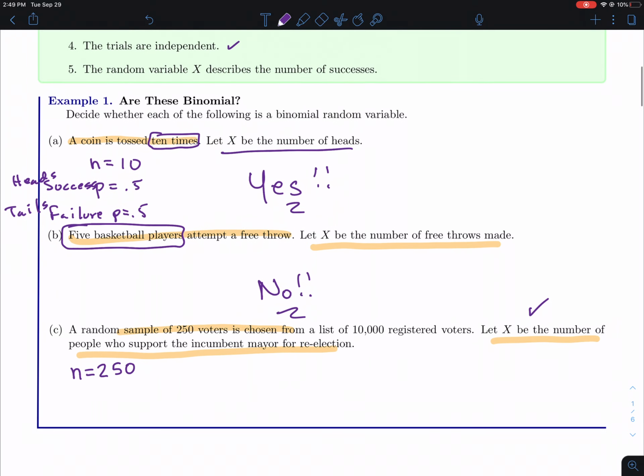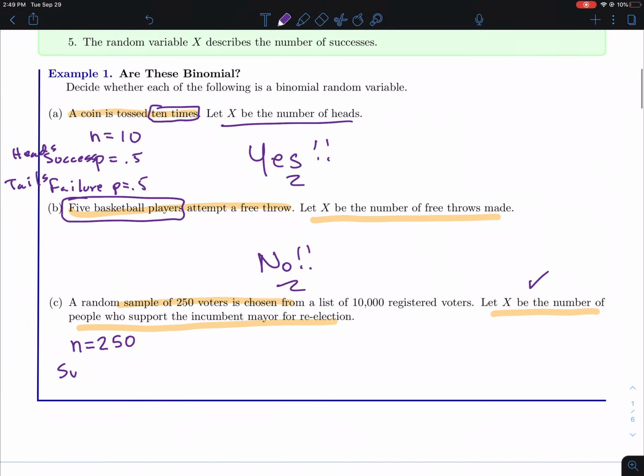So this actually works out good. In this case, the success would be voting for the mayor. Now, I don't know what the probability is, but somewhere along the lines they would probably tell it to us. But the fact that I can break this up into success and failure is all that actually matters. So the failure is not voting for the current mayor.